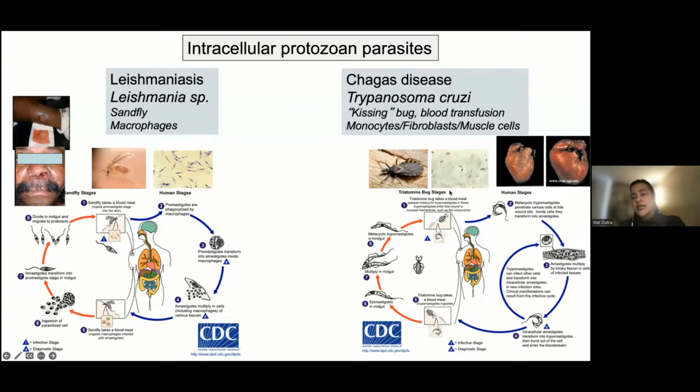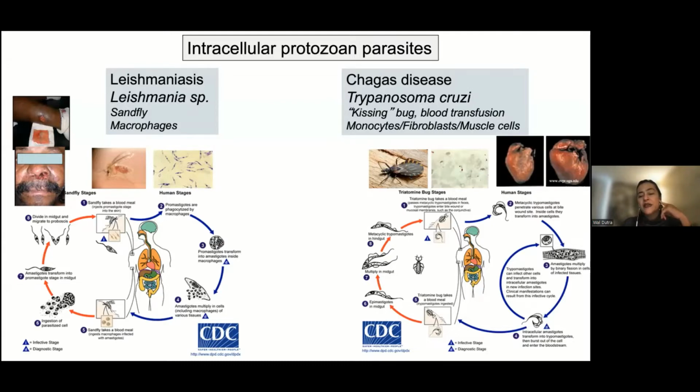The other disease that we've been studying for many years is Chagas disease, that is caused by a cousin of Leishmania, which is another parasite from the same family, which is Trypanosoma cruzi. Trypanosoma cruzi is also transmitted during the blood meal by the contaminated feces and urine of the kissing bug or the barbeiro.